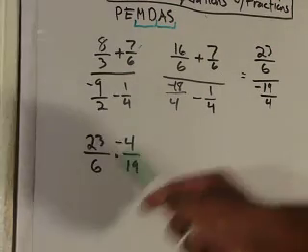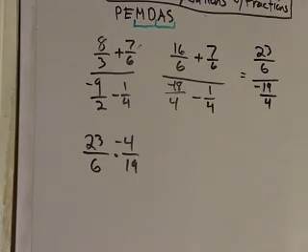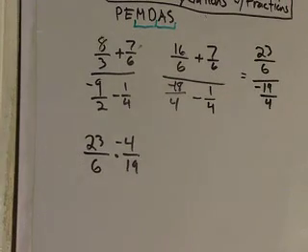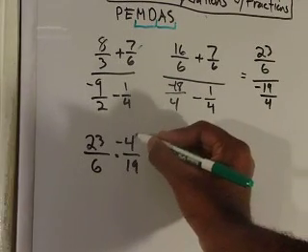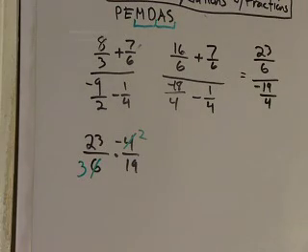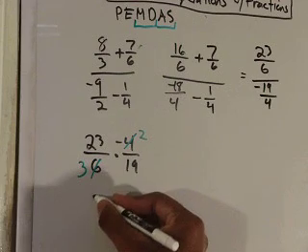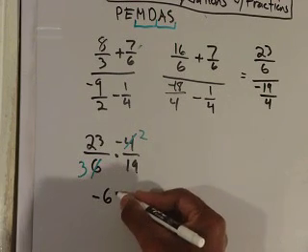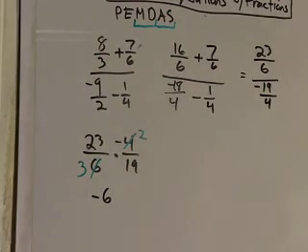So I got a 4 and a 6. Both of those are even, so I can divide them both by 2. So 4 divided by 2 is 2. 6 divided by 2 is 3. Okay. So now I have a 23 times negative 2. So what does that give you? Negative 46.